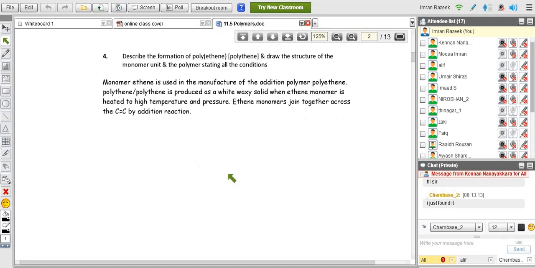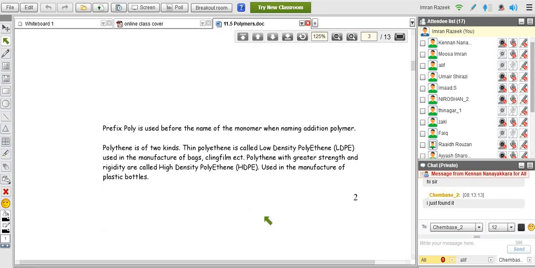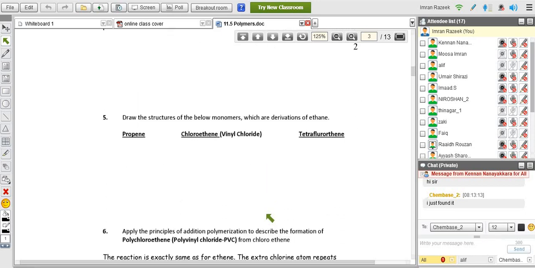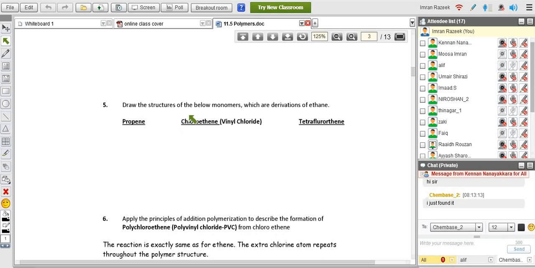I explained last week how to draw the structures for polyethylene and polyvinyl chloride, right? And also how to identify the repeating unit, and the short way of writing the polymer structure.